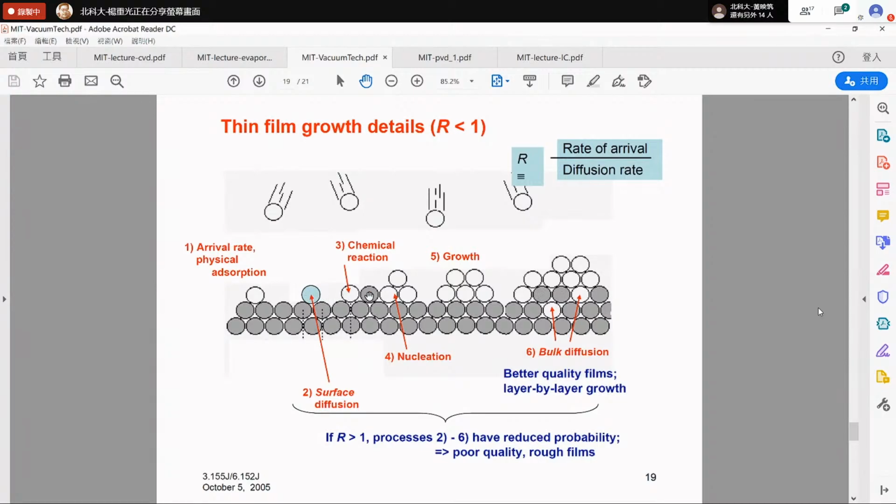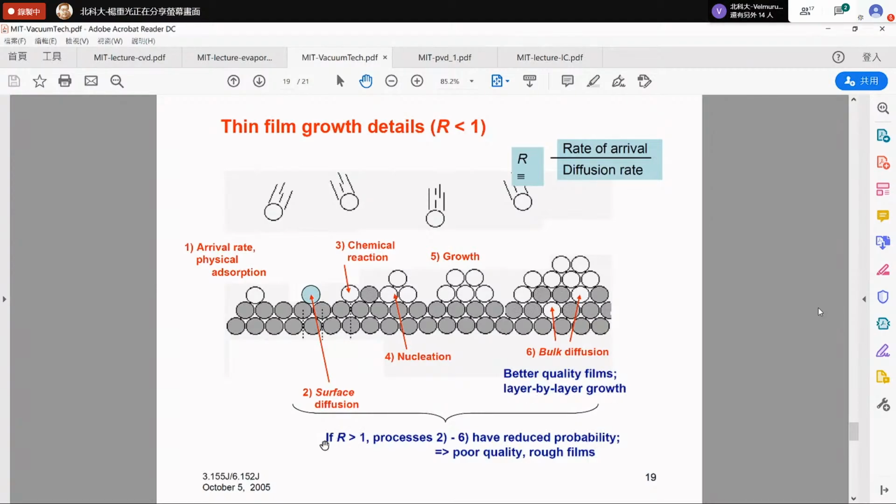You get a chemical reaction, nucleation, and growth, and then bulk diffusion. So in this case, you get a better quality film, and you will see a layer by layer growth.